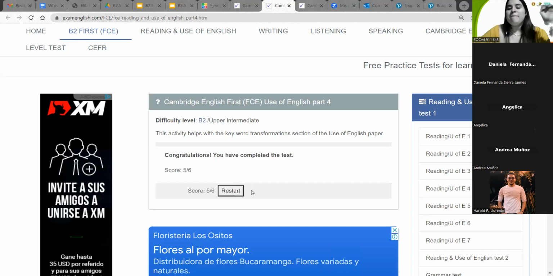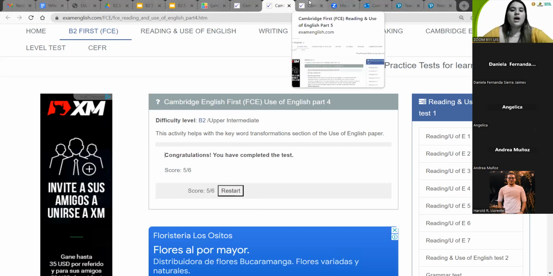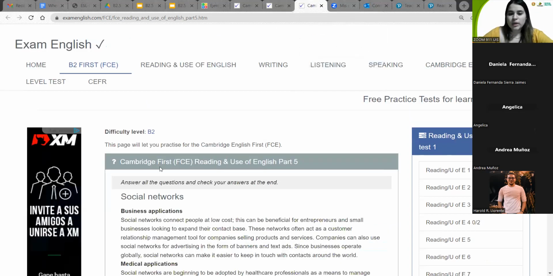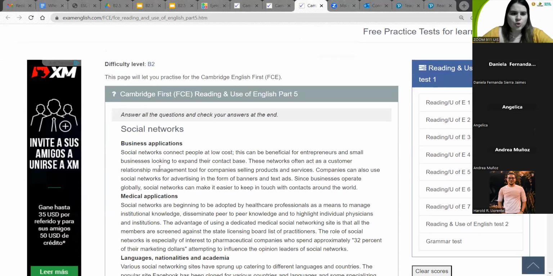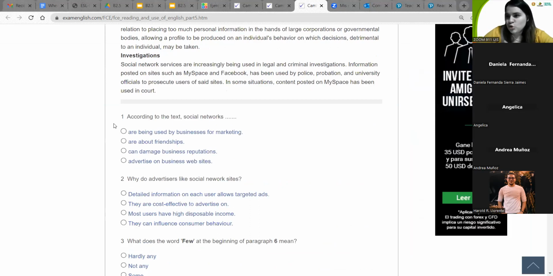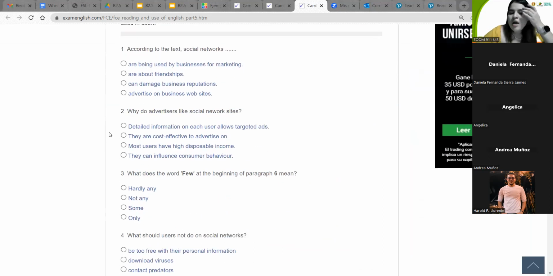So this is part 4. And then this one you are going to do in groups, okay? But after the break, because we are going to break shortly. This kind of exercise, you need to read a text, and it's multiple choice questions, right?